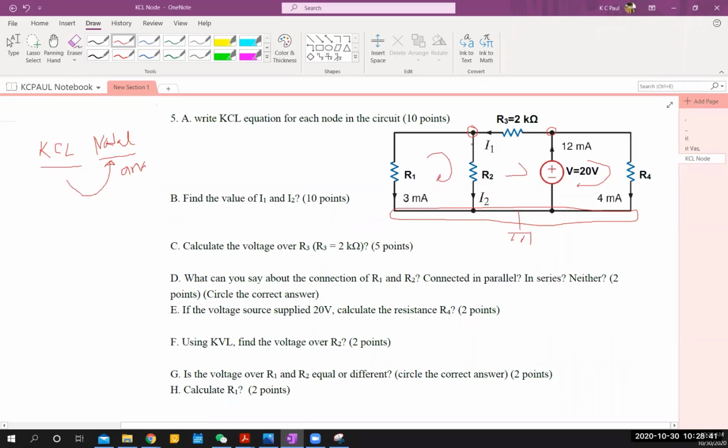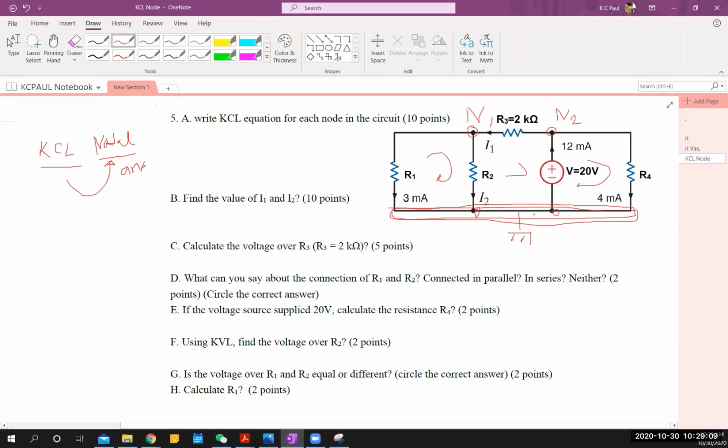Similarly, if you want to write KCL, you have to think about this one node here, node 1, this one node here, node 2, and what is the other node? The other node is the entire downside, because all of them are connected with the cable without any other element. Some of you have written this is N3 and this is N4. What is the difference between N3 and N4?